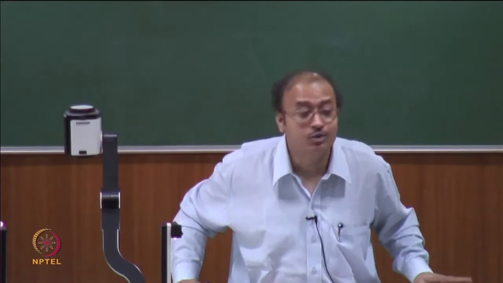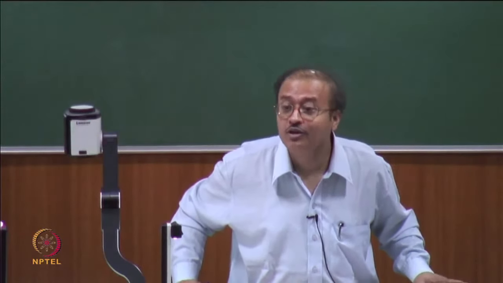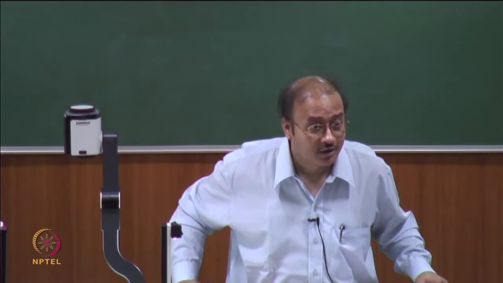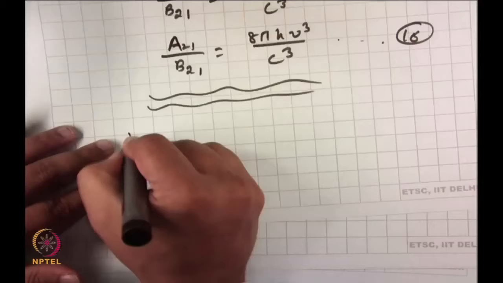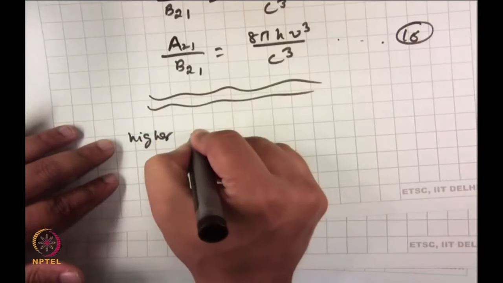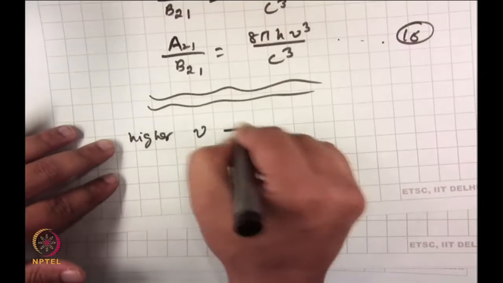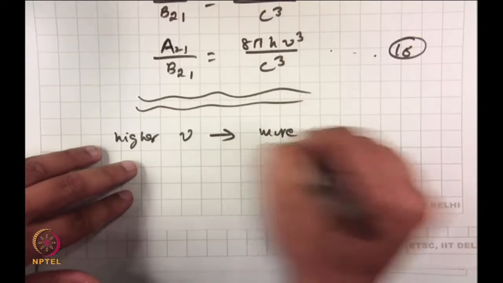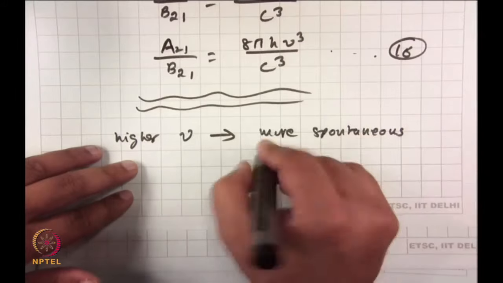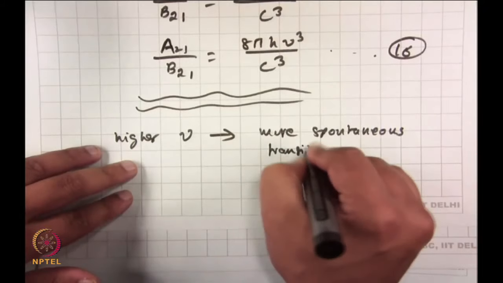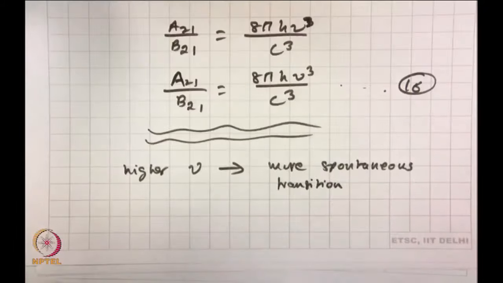The higher is your nu, the more would be your spontaneous transition, right. So that means higher nu leads to more spontaneous transition.